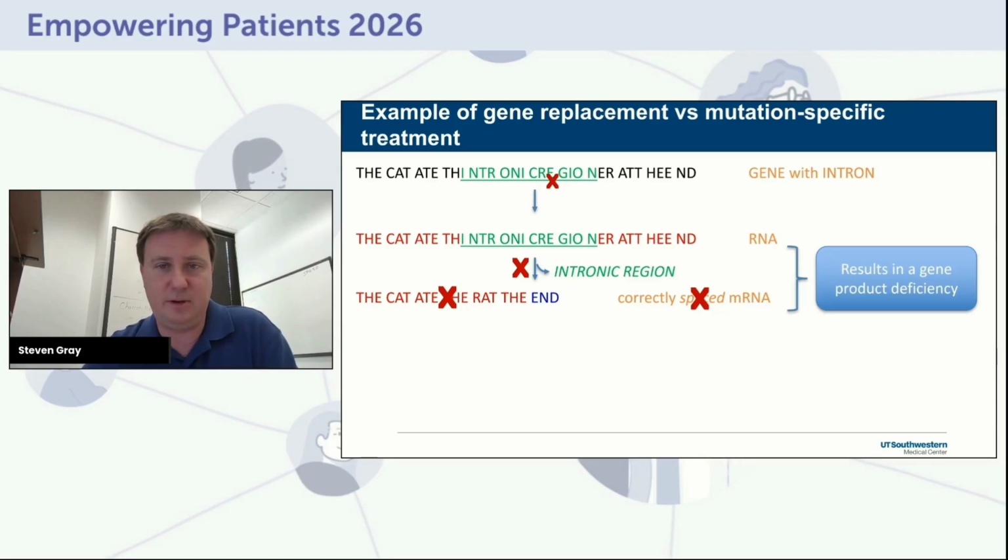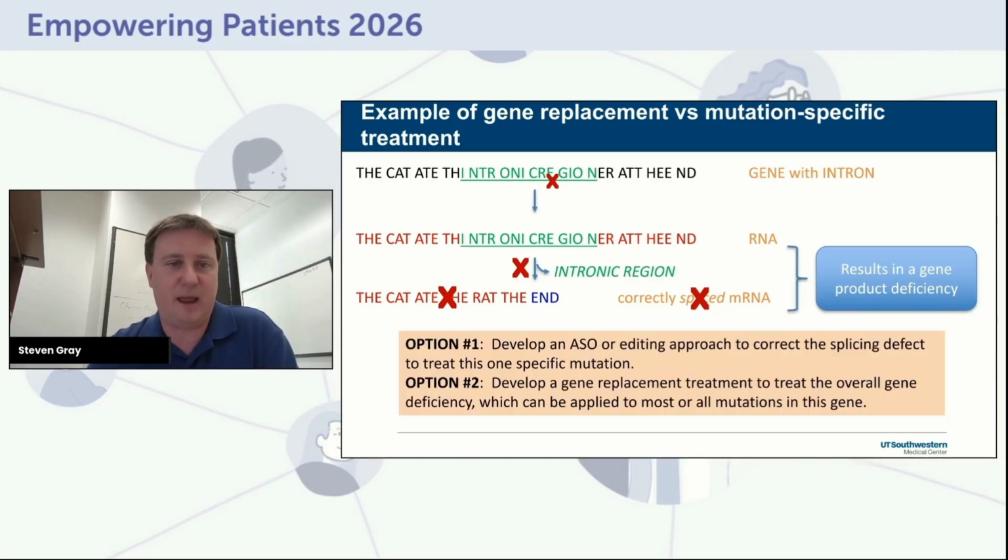So you could have option one, to develop an antisense oligonucleotide or a gene editing approach to correct this very specific mutation in the intron, and you could restore normal splicing and you could treat this disease. So scientifically, that might be feasible, but option two would be a gene replacement strategy to treat this as a gene deficiency and add more correct gene and correct protein into the system to treat this as well as other mutations in the gene.